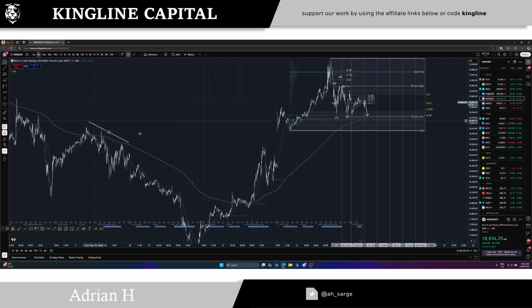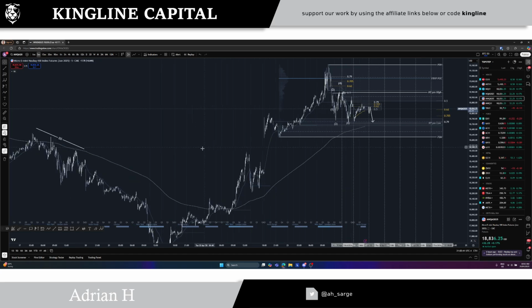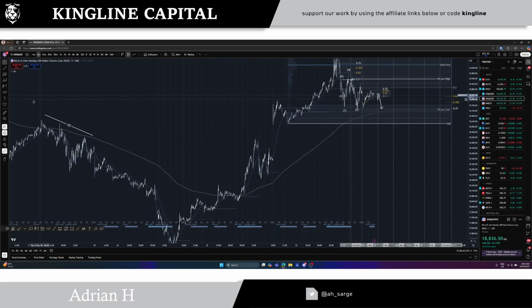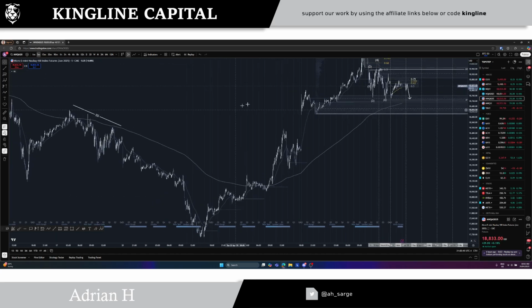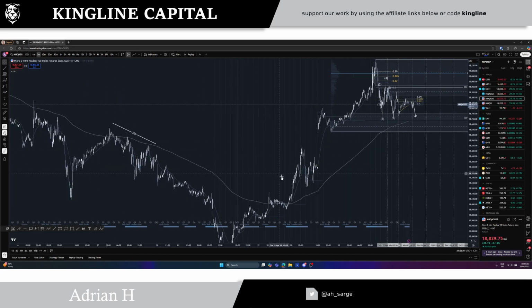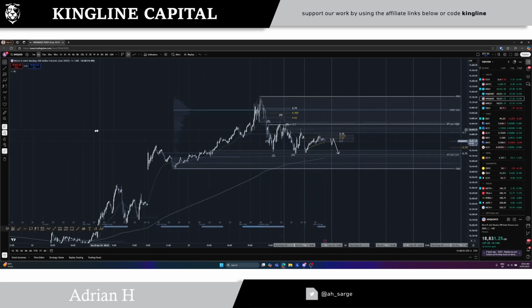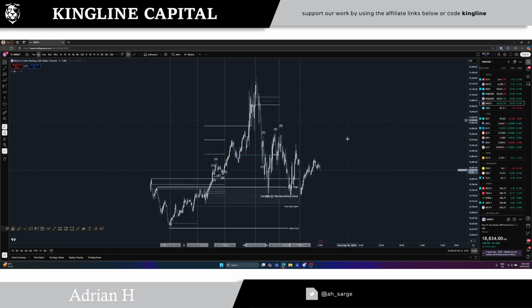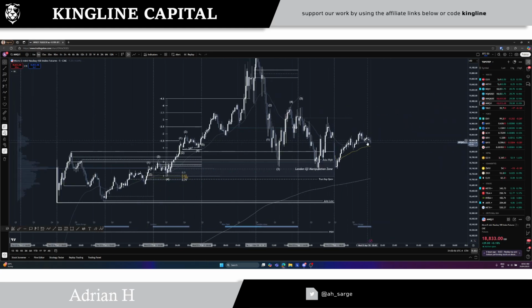So got all this liquidity over here for it to get along and expand up, but that's all taken with that push up with that new day opening gap to break that zone.